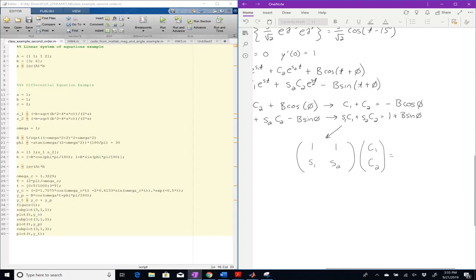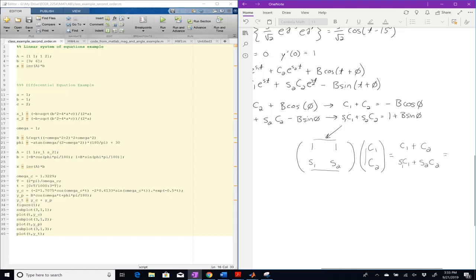Just to remind ourselves, if I expand this out, I multiply this row by this column first. That gives me 1 times C1 plus 1 times C2. Then I do the second row with this column, which gives me S1 C1 plus S2 C2.